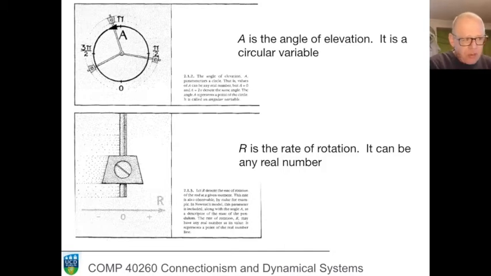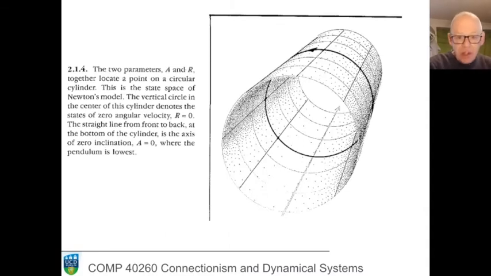These two numbers are sufficient for our purposes, and so the state space now is a cylinder, as we noted before. The circular aspect to the cylinder describes position, and so there's one circle, one cross-section through this tube for each associated rate. Rate is the long linear axis.